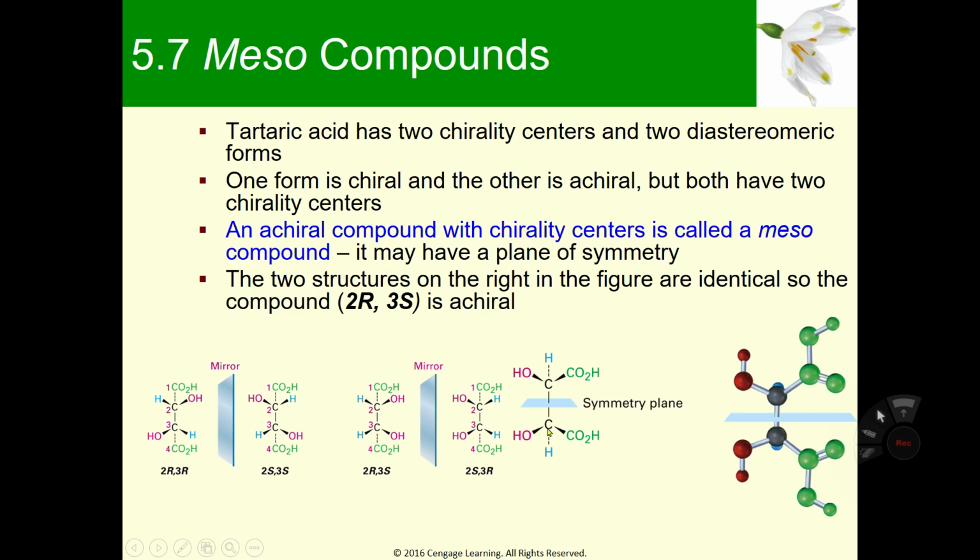Because of this plane, if you flip it, you can easily overlap it, right? So even if you have two chiral centers, if you have an intramolecular symmetry plane, there will be one compound which is not chiral. And this compound, which is not chiral due to the intramolecular symmetry plane, is called a meso compound, okay? A compound with chirality centers that is not chiral is called a meso compound. They are not optically active, okay?